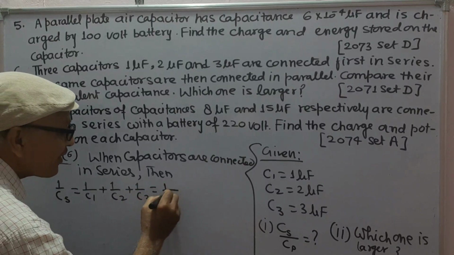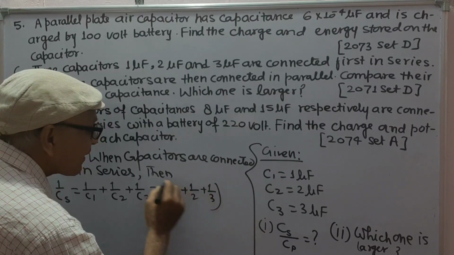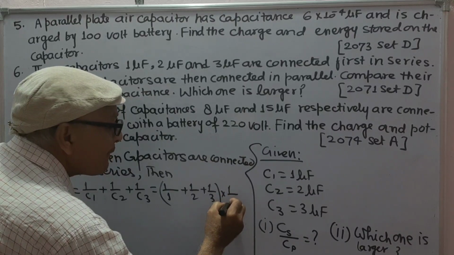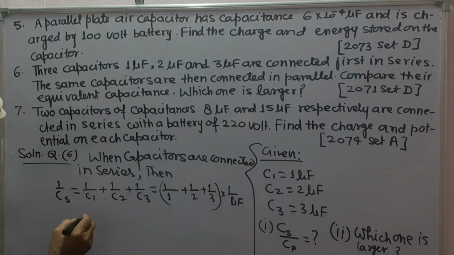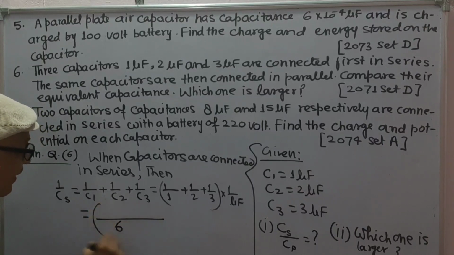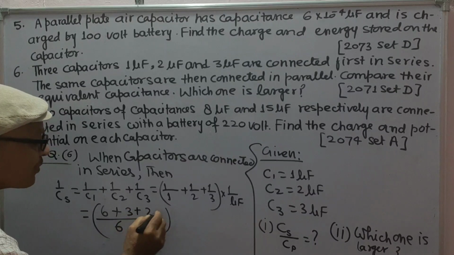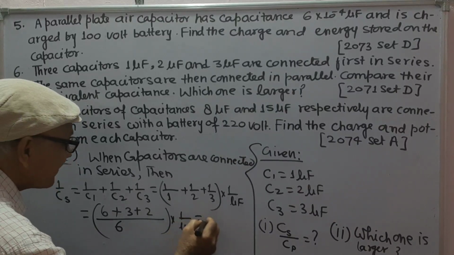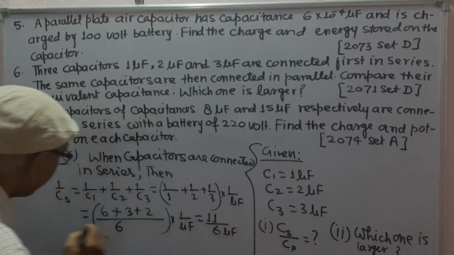It gives 1 upon 1 plus 1 upon 2 plus 1 upon 3 microfarad, which gives 6 plus 3 plus 2 into 1 upon microfarad, which is 11 upon 6 microfarad.